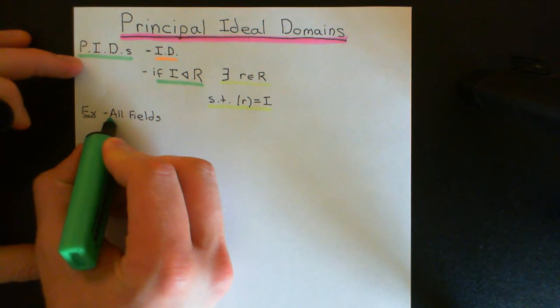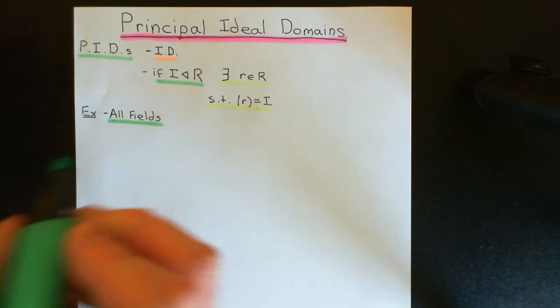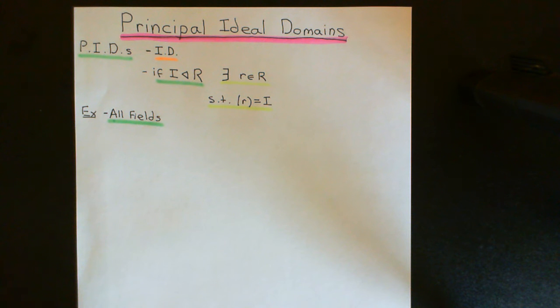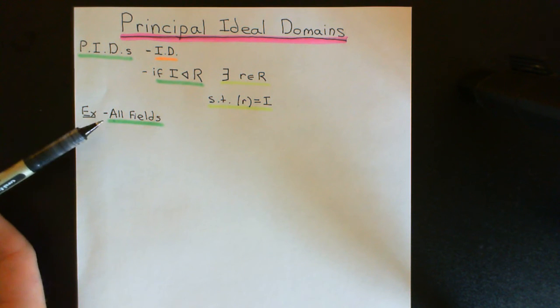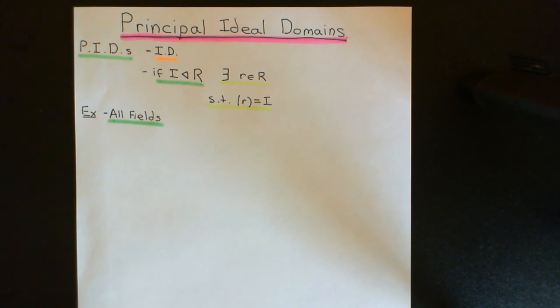We know that all fields have a very simple ideal structure. The only ideals in a field are the zero ideal and the unit ideal, and both are principal ideals. The zero ideal is the principal ideal generated by 0, and the unit ideal is the principal ideal generated by 1. So trivially, all fields are principal ideal domains because the only two ideals that they have are principal ideals.